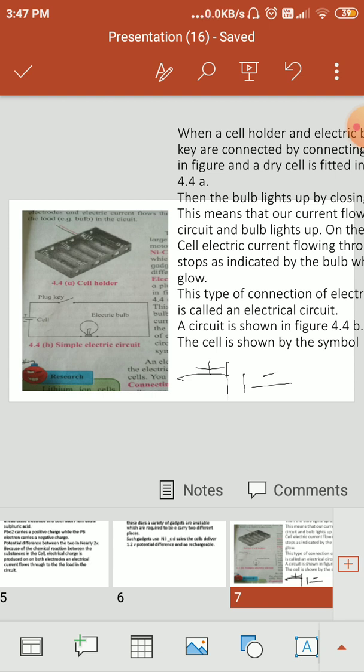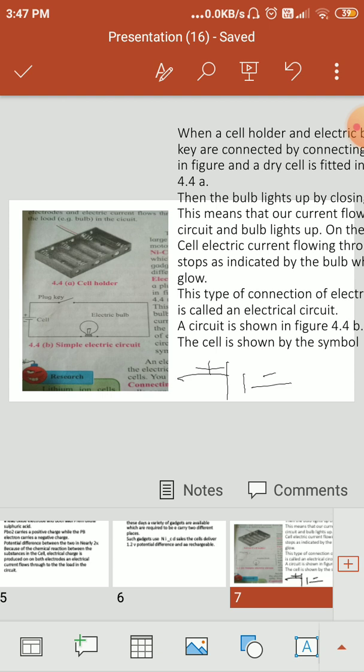In the cell holder we can put a cell. The spring indicates the negative terminal, and the opposite of it is the positive terminal. In the diagram you find the alternate spring and dot structure, the negative and positive structure.